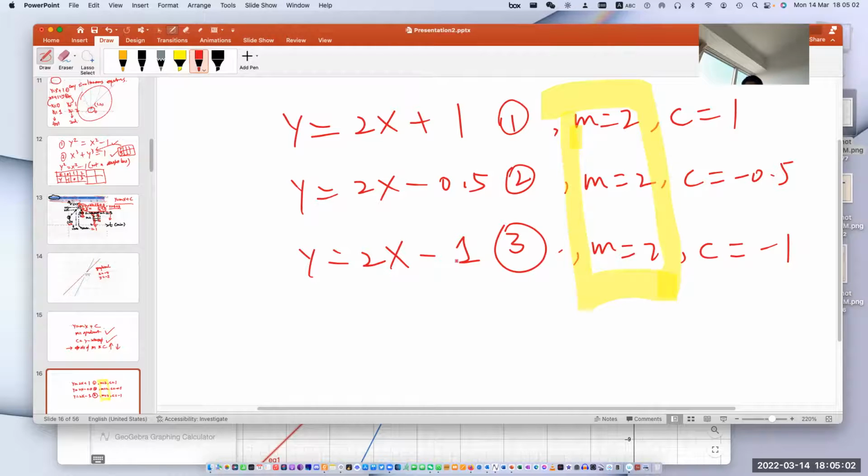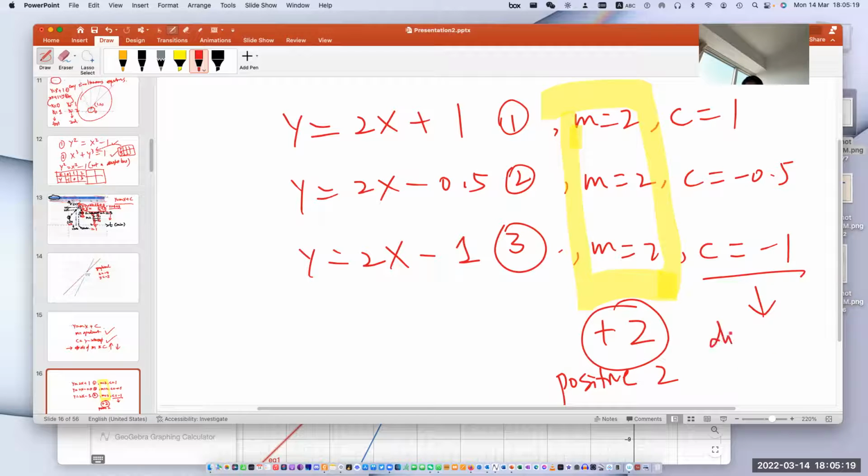And by the way, not only 2, positive 2. And then these similarities are they have different y-intercept. Different y-intercept. So once again, y-intercept is a value. Okay, so different.